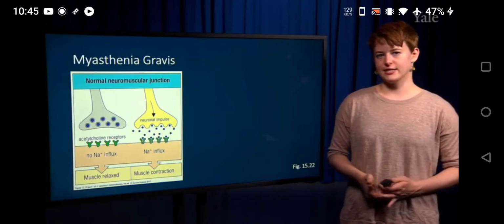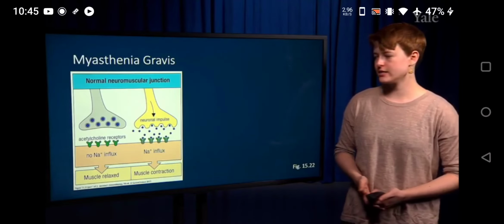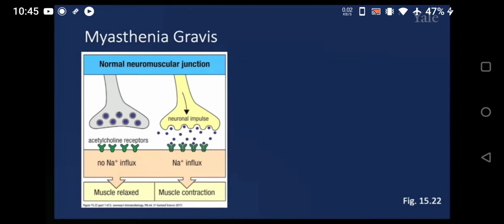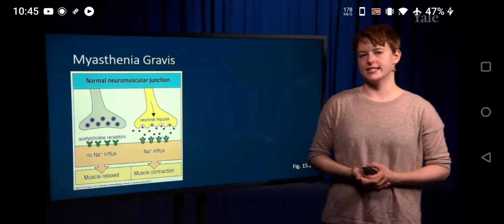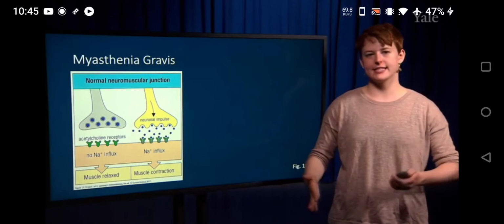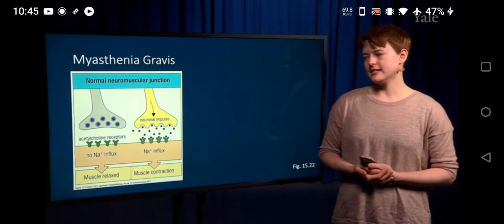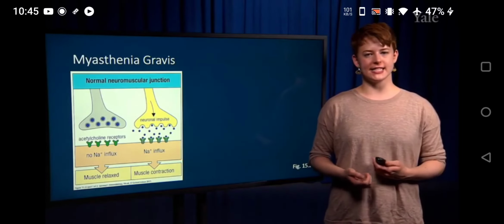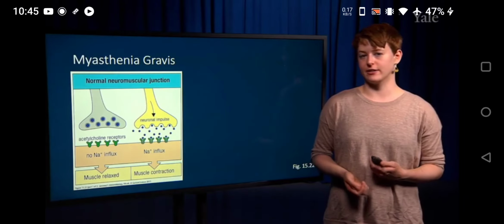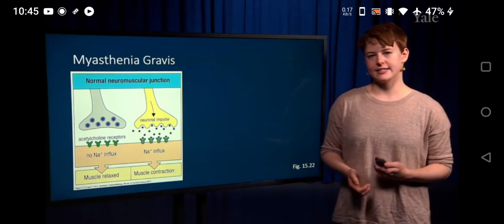So here in this figure 15-22, we can see in a normal neuromuscular junction, we have the neuron, which is shown at the top in gray, can release acetylcholine, and a muscle cell will then see this acetylcholine via the acetylcholine receptors, and this will lead to muscle contraction.